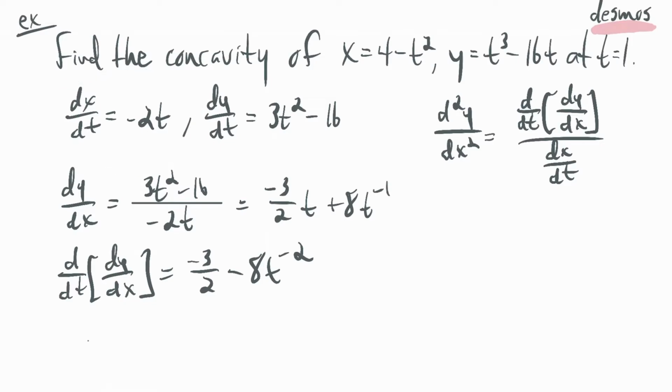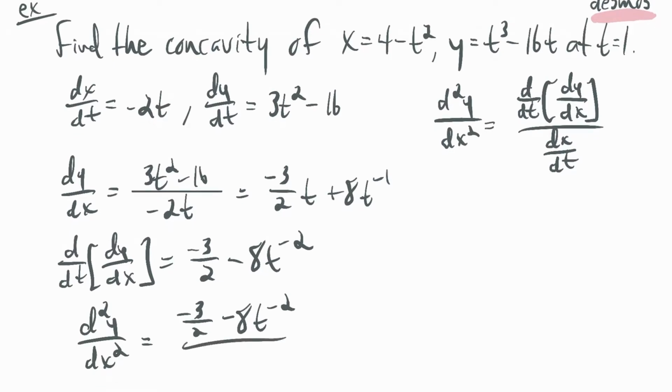So d squared y/dx squared equals negative 3/2 minus 8t to the negative 2 power divided by negative 2t. And again, just to simplify things, I will divide the denominator into the two numerators. So I'll get 3/4 t to the negative 1 power plus 4t to the negative 3 power. So there we go. That is the derivative as a function of t.